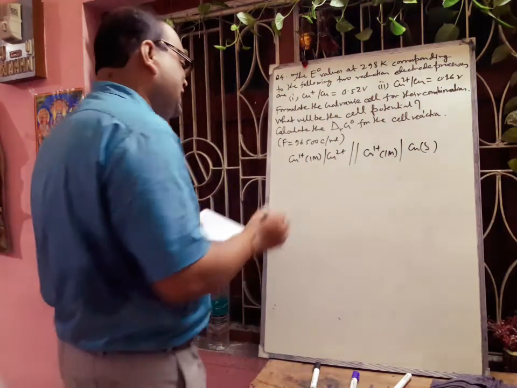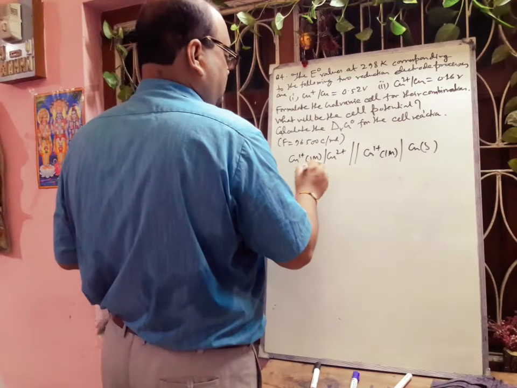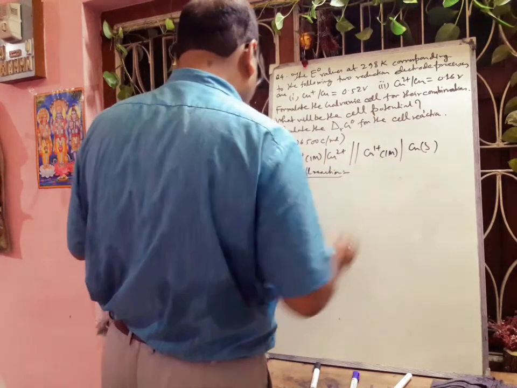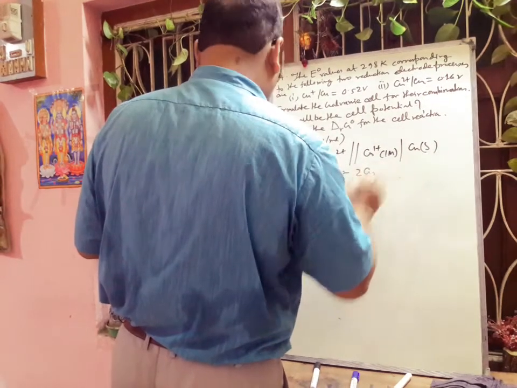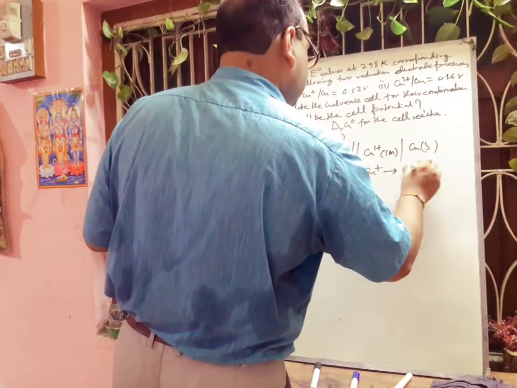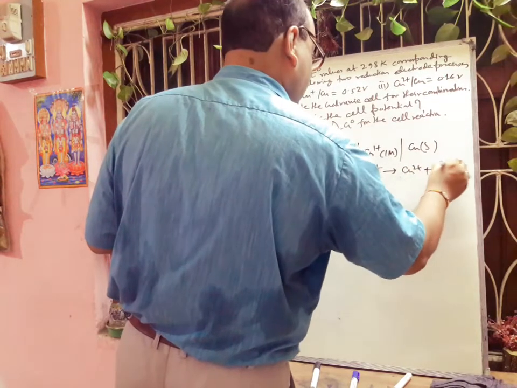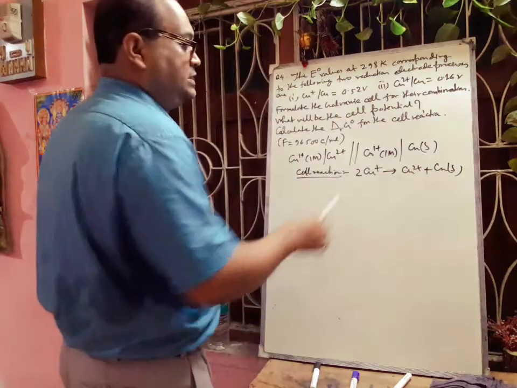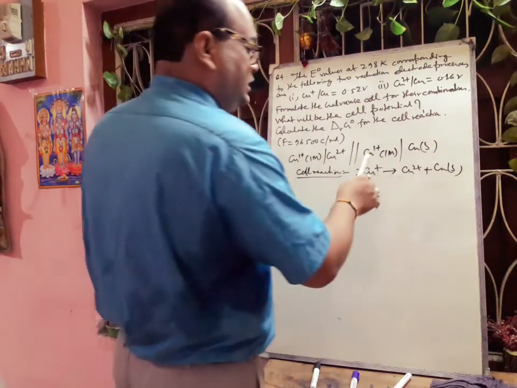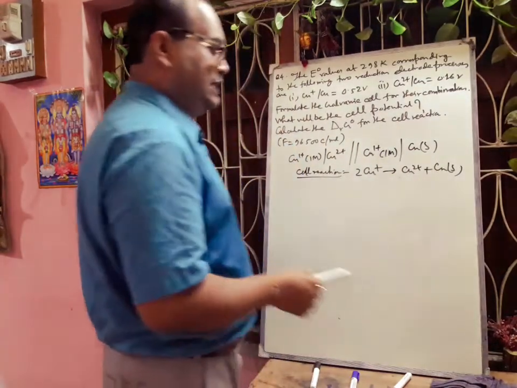Now what will be the cell reaction? The cell reaction will be 2Cu+ to Cu2+ plus Cu solid. One Cu+ to Cu2+ means oxidation, another Cu+ to Cu is the reduction.